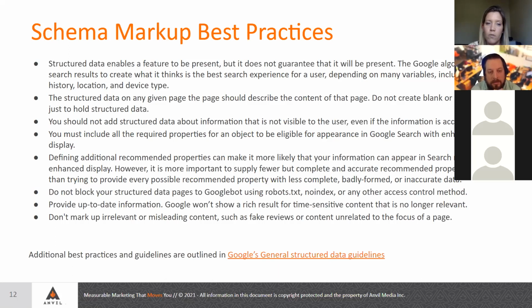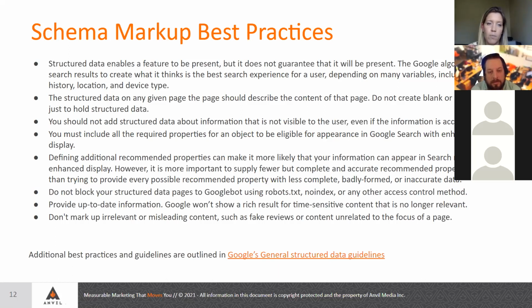Google will flag your code with errors. And so, again, you won't be able to take advantage of what schema markup offers in terms of your appearance on Google itself. So if you do have questions about what the required properties are, you can always refer to the Google developer articles.